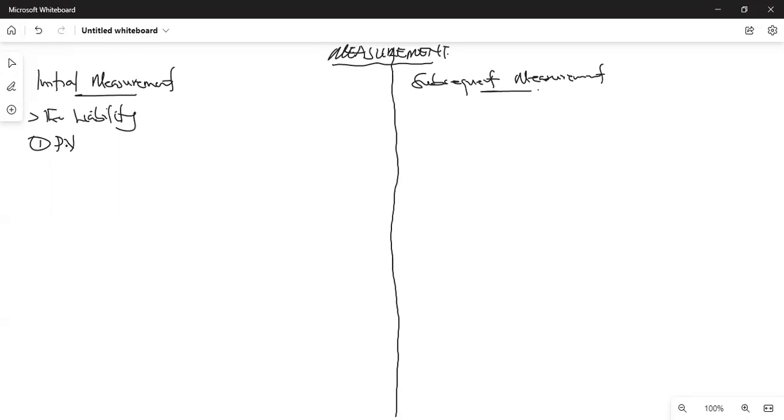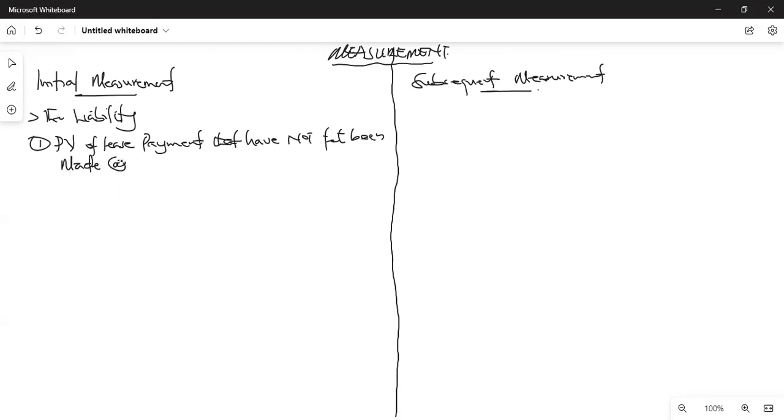It's measured at the present value of lease payments that have not yet been made. It means if it has been made, then we are using the figure, not the present value, all right? So that is that.